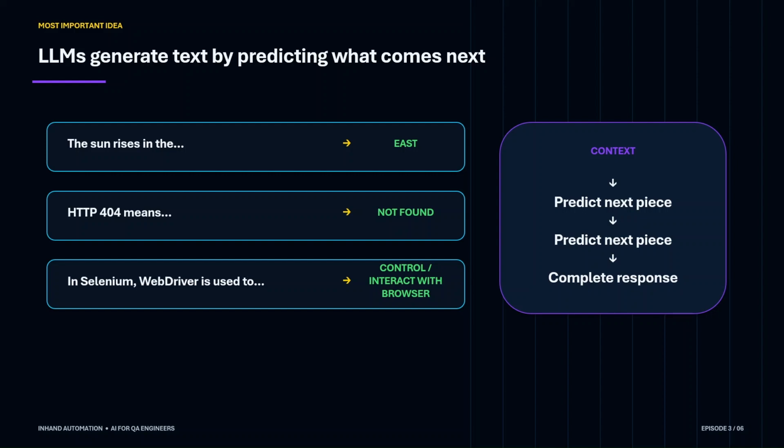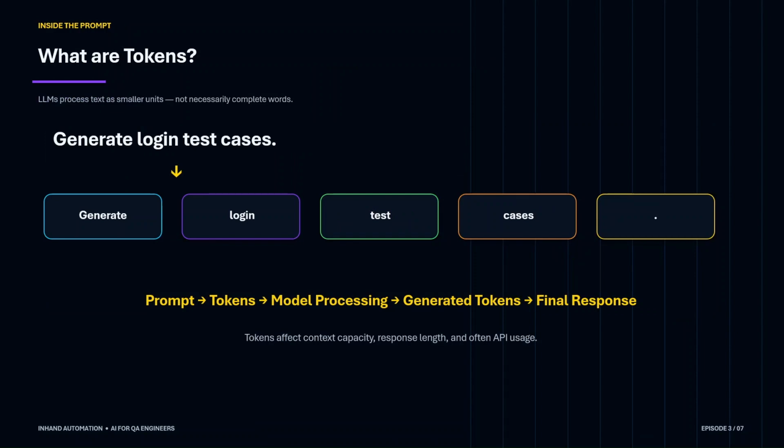But there is something important here. What is that? The model does not process text as complete words the way we normally think about them. It is not the case. It works with something called tokens. Okay, so what is a token? Let's say Rahul enters one requirement or prompt which says generate login test cases.